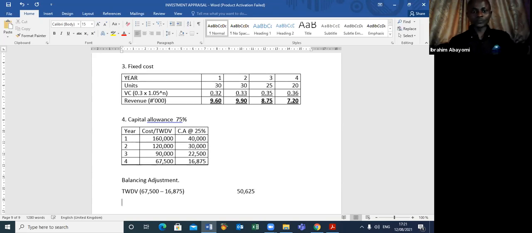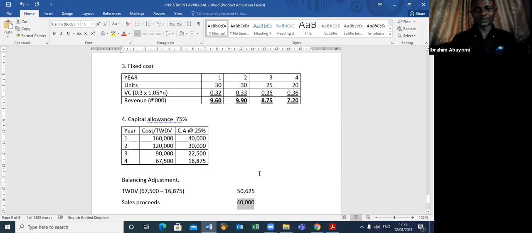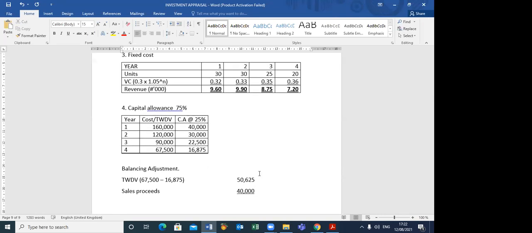What about the sales proceeds? The sales proceeds is 40,000. So what has happened? Is this a balancing charge or a balancing allowance? Who can tell me? Good.